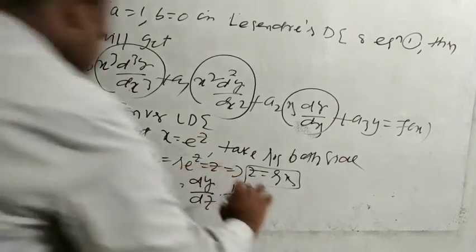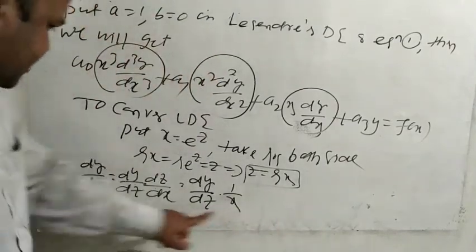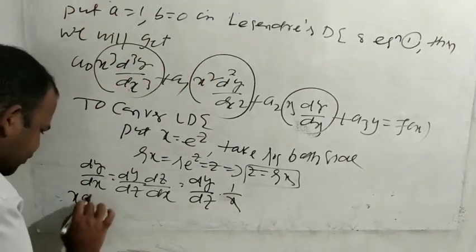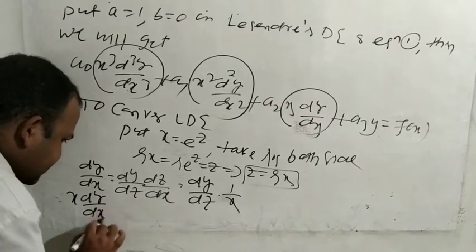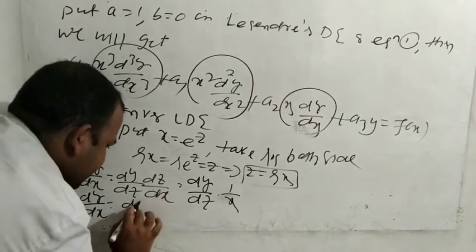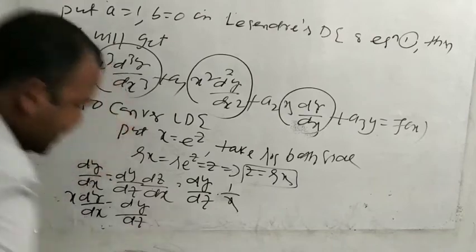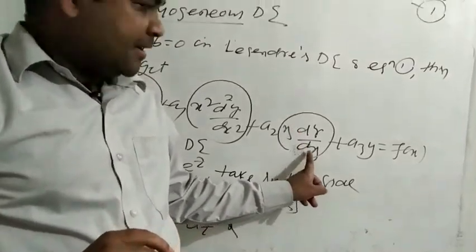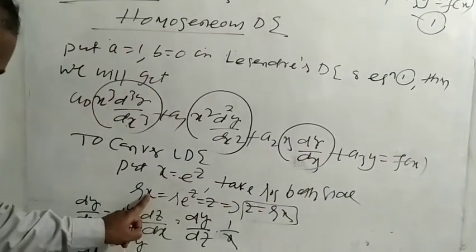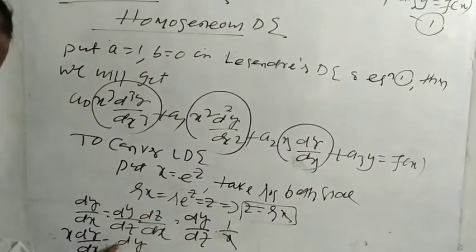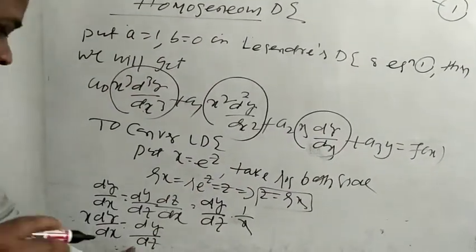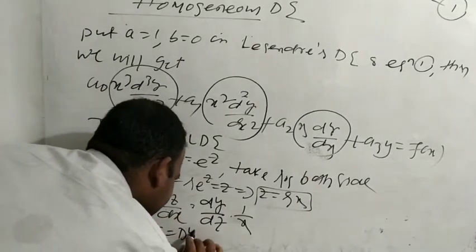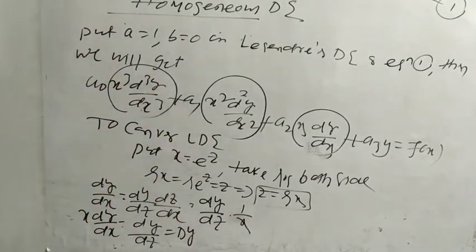So bring x to the left side: x dy by dx equals dy by dz. Earlier d by dx was capital D, but here x is converted in terms of z, so d by dz equals capital D. So this is Dy.